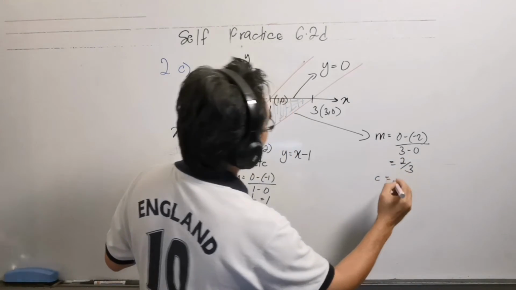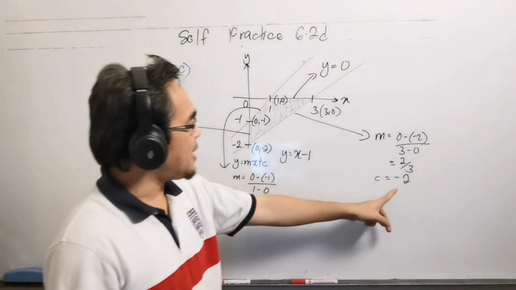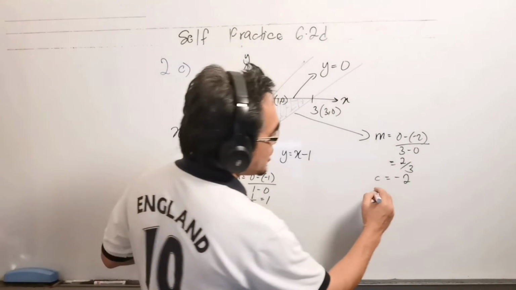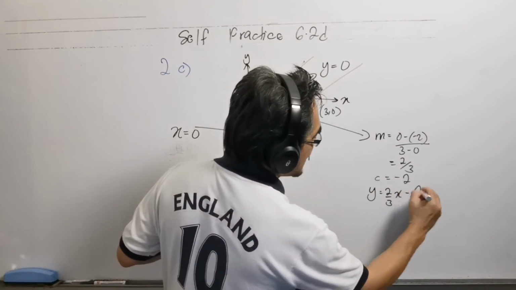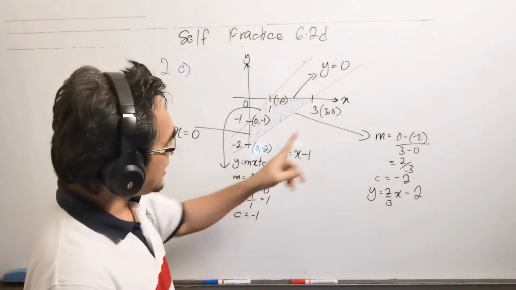And the value of c is -2. If you don't understand where I get that c, please ask. So the equation will be y equals 2 over 3x minus 2.